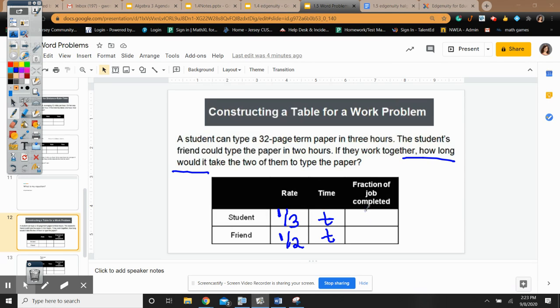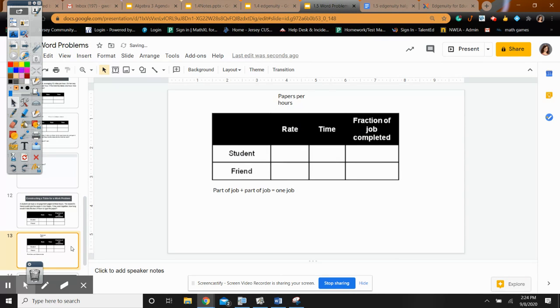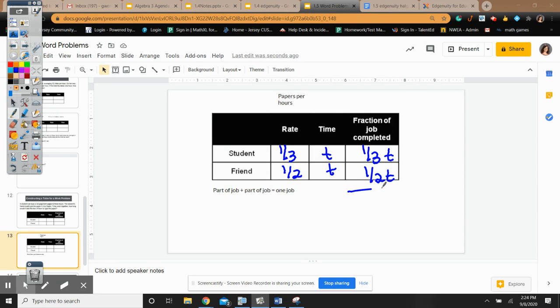And the fraction of the job complete would be a third of the job. 1/3, 1/2. Time we don't know. A third of the job and a half of the job. And all together, that gives us one job. So if I take 1/3 t plus a half of t, I'm going to get one whole job.